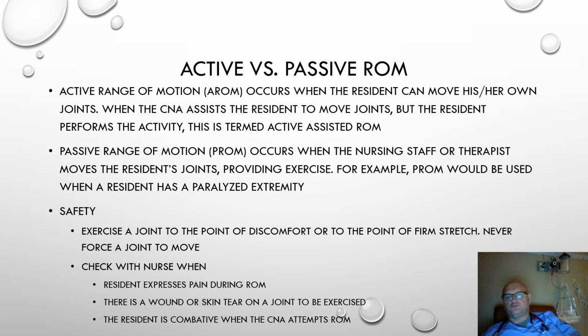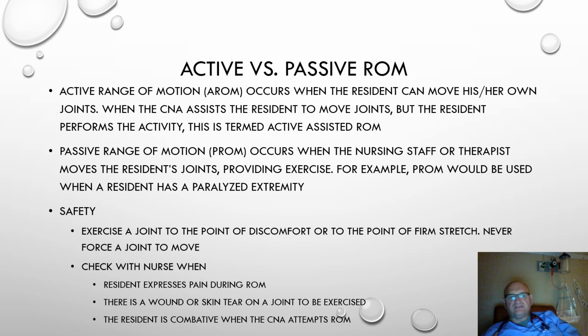For example, PROM would be used when a resident has a paralyzed extremity. So PROM is where they cannot help out at all. Active range of motion is where they do the actions themselves, or they might just need a little bit of help stabilizing to do the exercise. That would be the active assisted range of motion.